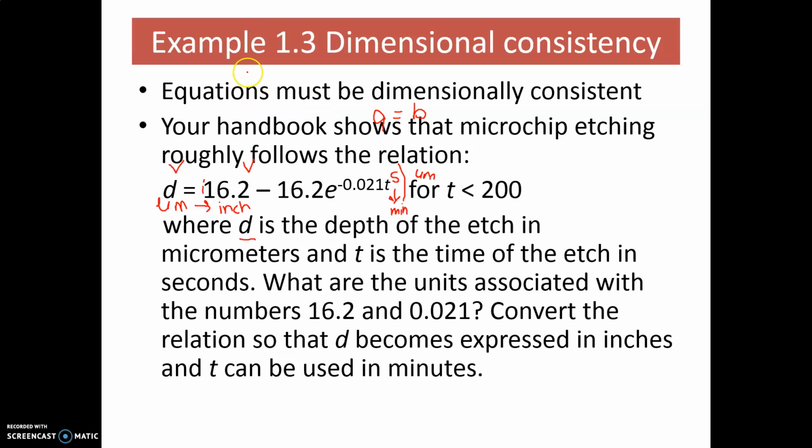Okay, you can see here we have this exponential here. Okay, the key is this value -0.021 times t must be in dimensionless. That means that if t is in second, this 0.021 need to be in second power of -1, where after that we can cancel.